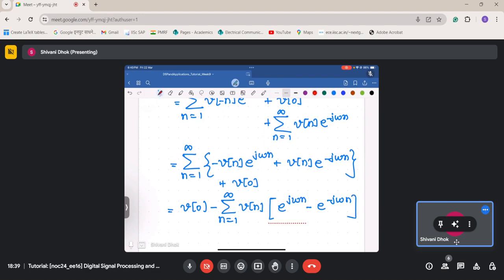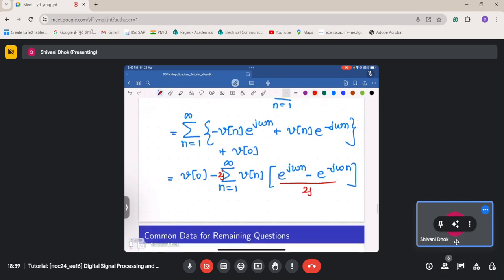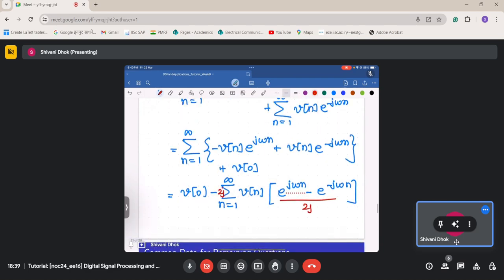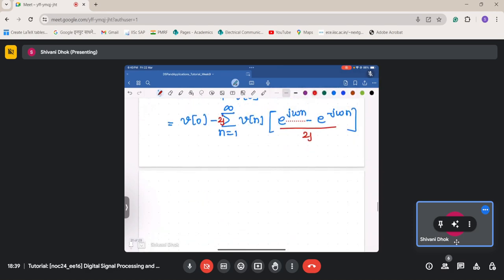I can simply multiply and divide by 2j, and therefore this term here will be sine of omega n. So I have here v of 0 minus 2j summation n running from 1 to infinity v of n into sine of omega n.